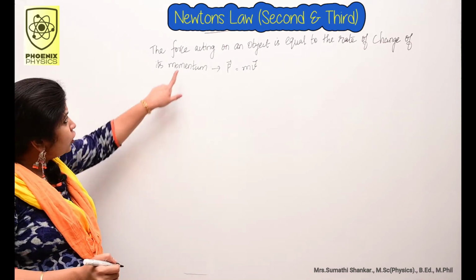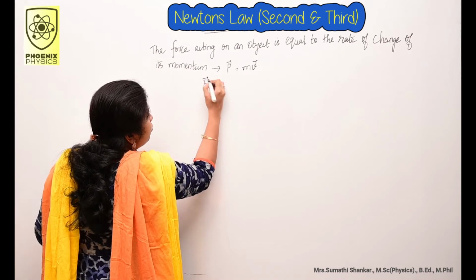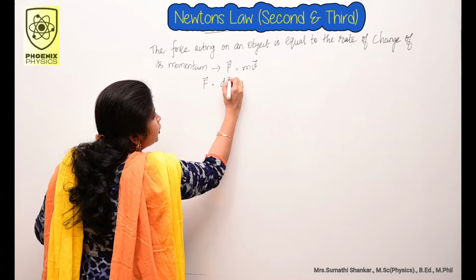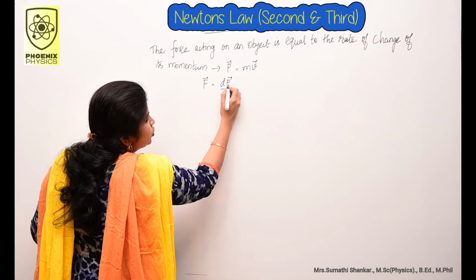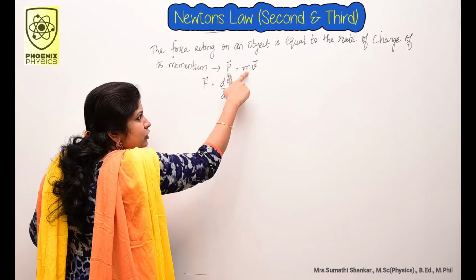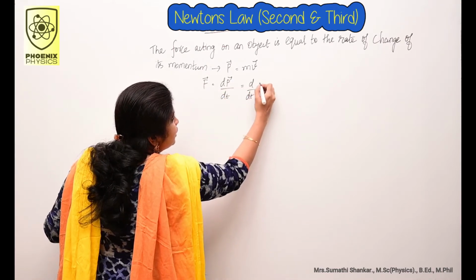So according to Newton's second law, the force acting on an object is equal to the rate of change of its momentum. So dp by dt. Instead of p vector, you can substitute mv. So d by dt of mv.